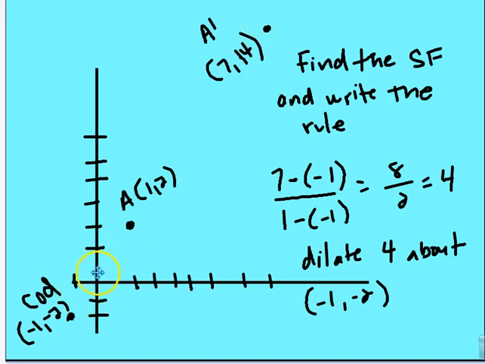And that's going to be over the distance from A along the horizontal axis to the center of dilation, just for x. So 1 minus -1 is 2, and that's how I get my scale factor. So distance A to center of dilation is 2, A prime, now not the absolute distance, just on the horizontal axis, 7 to center of dilation is going to be 8, and my scale factor is 4, so dilate 4 about -1, -2.